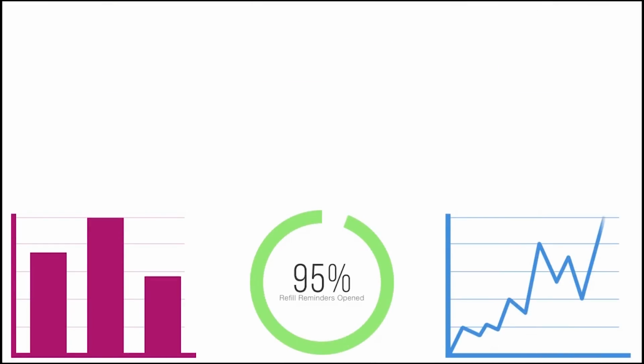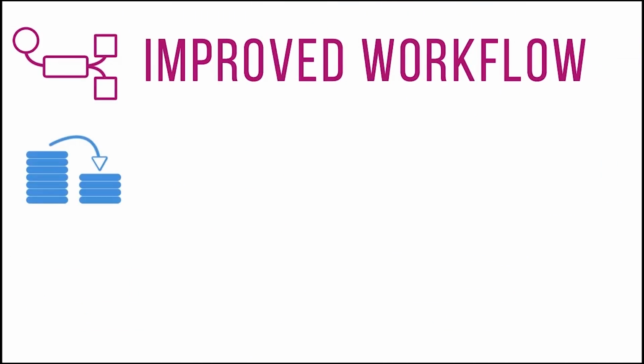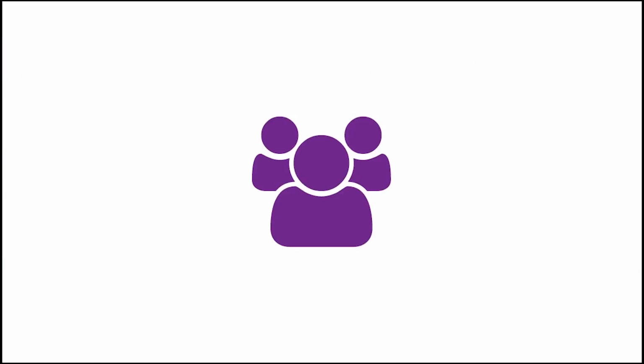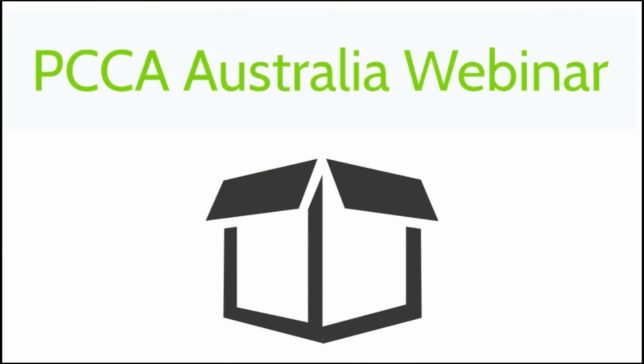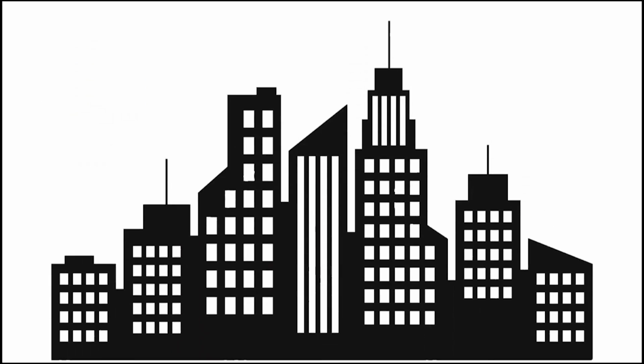You will receive weekly reports to show effectiveness, and the complete solution offers high levels of security. But what does this mean for you? Improved workflow, lower costs, and increased revenue. To help you target new patients and markets, RX Mobility is offering a social media marketing package to everyone who signs up at our first Australian webinar. Simply select your therapeutic category, plus which city or state you wish to target, and we'll do the rest.